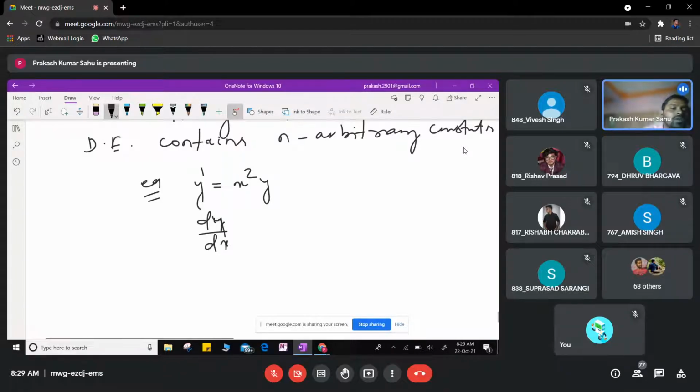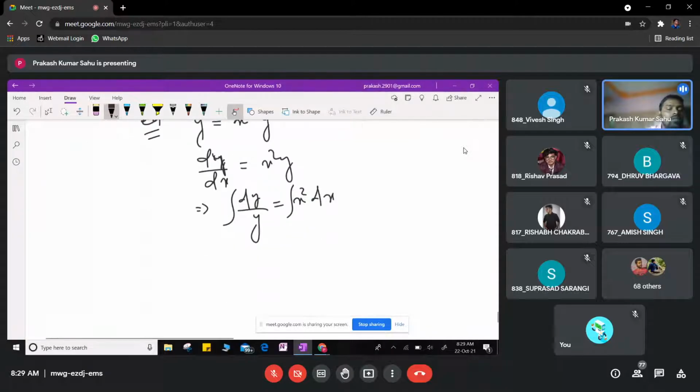This is dy by dx is equal to x square y. Now separate the variables: dy by y is equal to x square dx, with y on one side and x on the other. Now take integration on both sides. You will get ln y is equal to x cube by 3 plus c. Yes or no? Because in indefinite integration, a constant will be there.